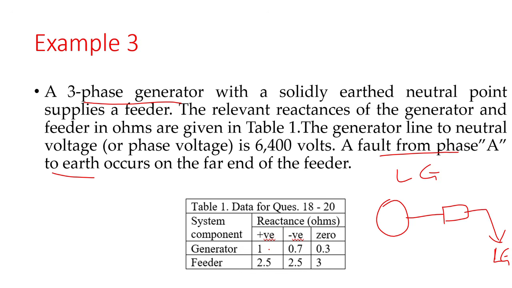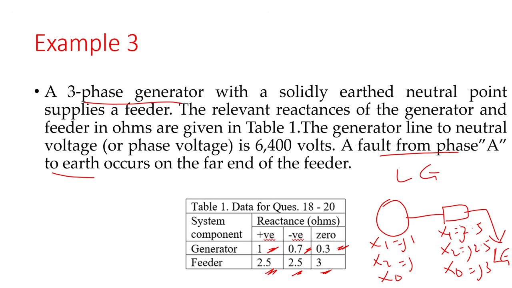The generator's positive phase, negative phase, and zero phase reactances have been given, and the feeder's positive phase, negative phase, and zero phase reactances. So the X1, X2, X0 for the generator and the X1, X2, X0 for the feeder have been given: J2.5, J3, and the generator J1, J0.7, and J0.3. So basically, this is what has been given to us, and we are supposed to find a line to ground fault.